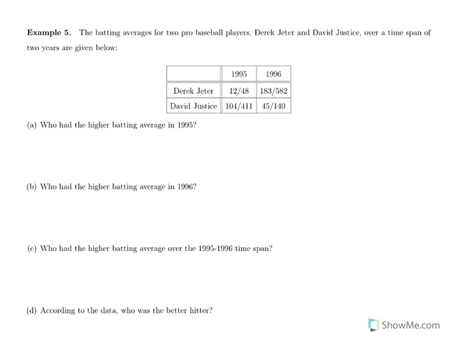So, first of all, let's look at just 1995. We have Jeter is 12 over 48, which is 0.250.